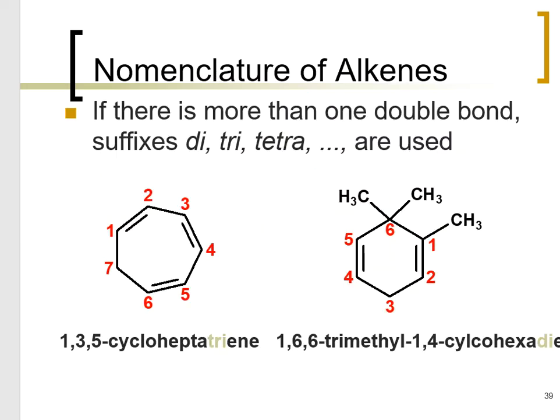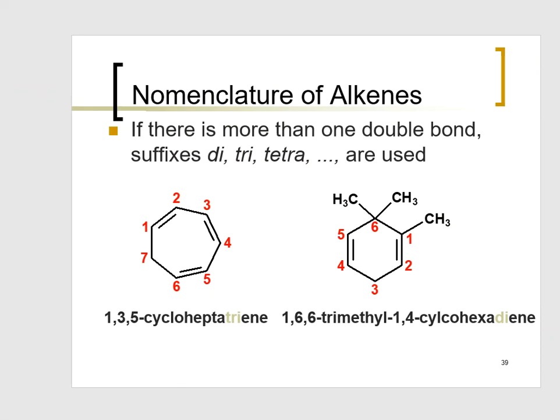Here is just another example of some different names that have multiple double bonds in them. I'm not going to draw these. The one to the left-hand side has 3 double bonds in it. And if you look at this ring, it is a 7-membered ring. So cyclohepta, that's where hept is going to come in.